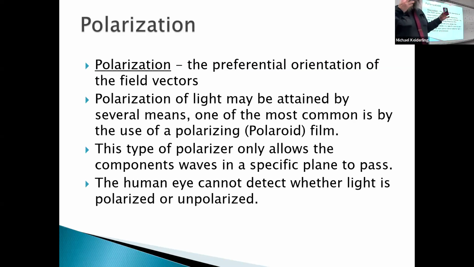It only allows the component waves in a specific plane to pass. So this takes the light that goes through it and turns it vertically polarized. So if I put two in front, nothing really changes. The vertical light passes through the first one and then continues to pass through the second one.